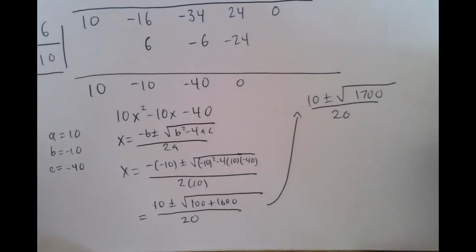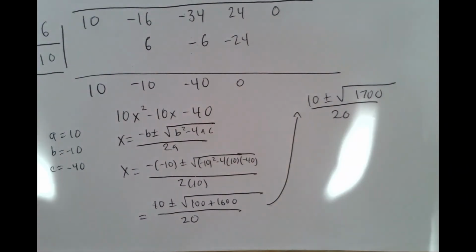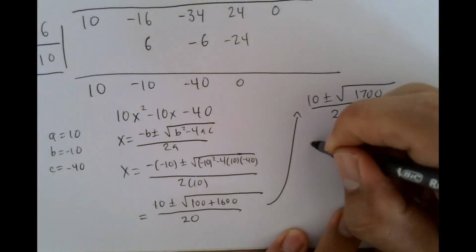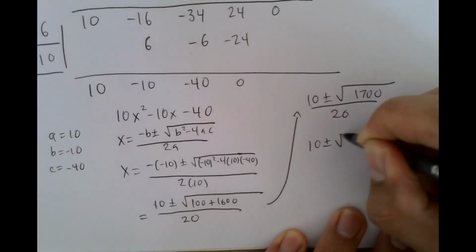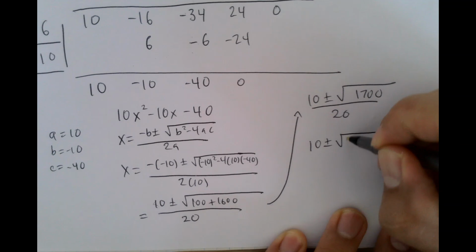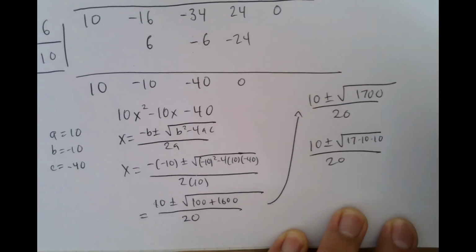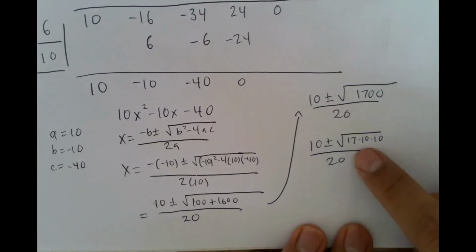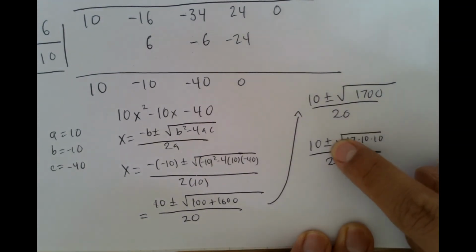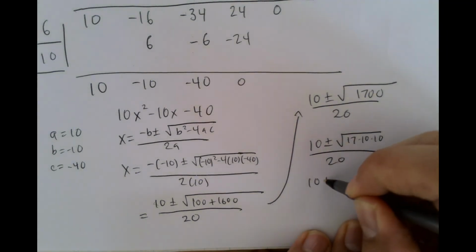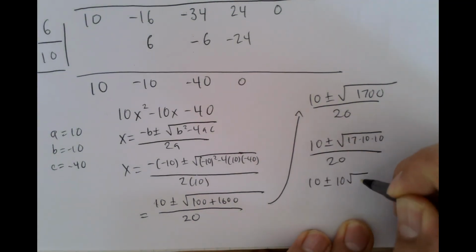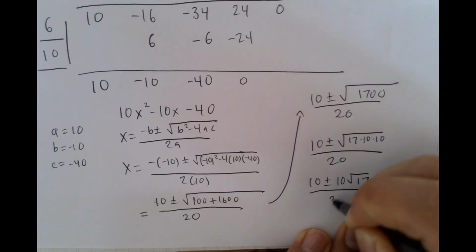Okay, that looks like a really crazy number to factor out, but it's very easy to factor out. If there are 2 zeros here, we know it'd be 17 times 10 times 10, divided by 20. Since there are 2 10s under the square root, they would just come out in front of the square root. So this would be 10 plus or minus 10 square root of 17, divided by 20.